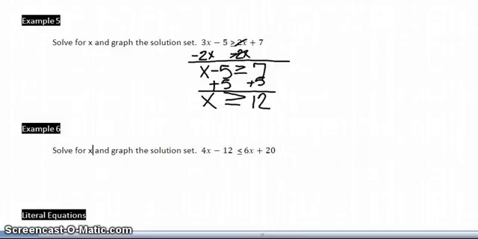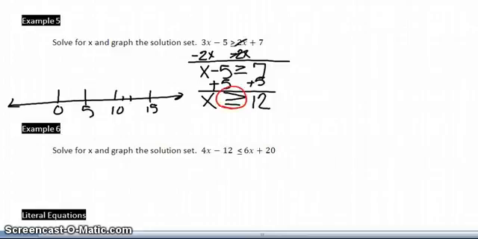Now to graph this, I put out my number line again. And I'm going to put 0 down here because I've got a lot. 5, 10, 11, 12, and then it'll be 15, etc. Since in this case I have greater than or equal to, I'm going to use at 12 a closed circle, meaning that 12 is included in the solution set.